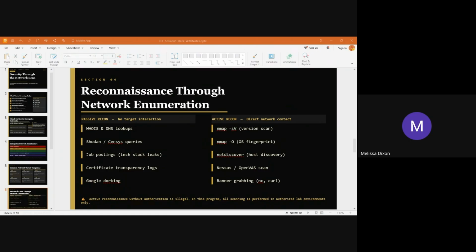So it just touches on open ports, and that gives you the services and that sort of thing. And then we have Nmap -O, which is an OS fingerprint. It analyzes TCP/IP stack behavior to guess the operating system. Sometimes it can't, but it's really useful when it can.